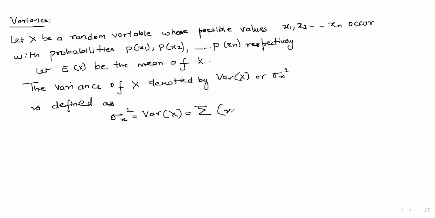What we will do here, we will take a random variable. We will subtract the mean from this. Okay. So I will denote the mean by mu also. So I will write let mu be equal to this. Okay. So both E(X) and mu are the mean.